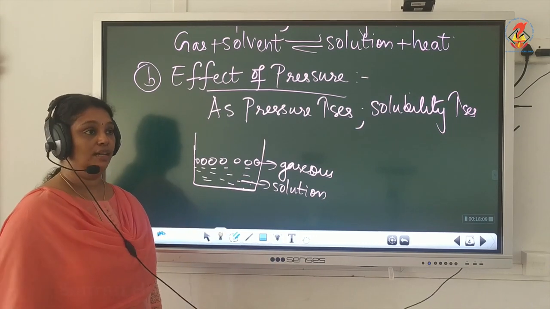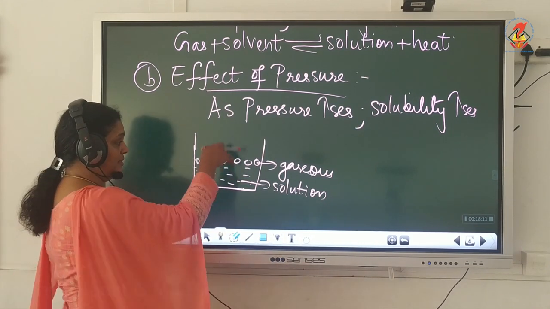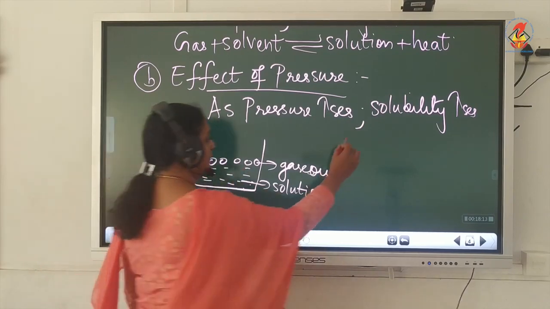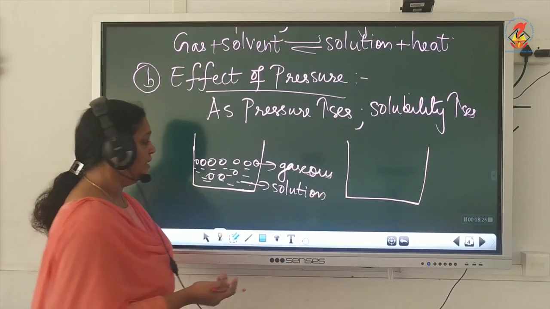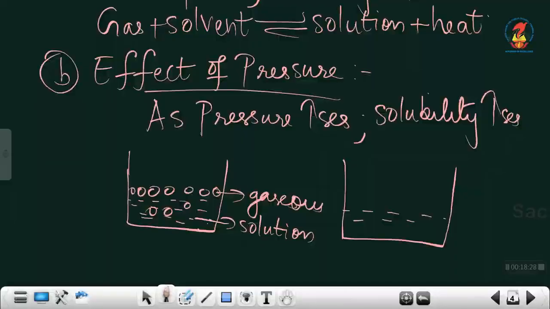Now suppose I compress these gases by applying pressure. We have some gas particles in the solution here. Now I compress the gas particles by applying pressure. So you can see in the solution more gas particles will be present.